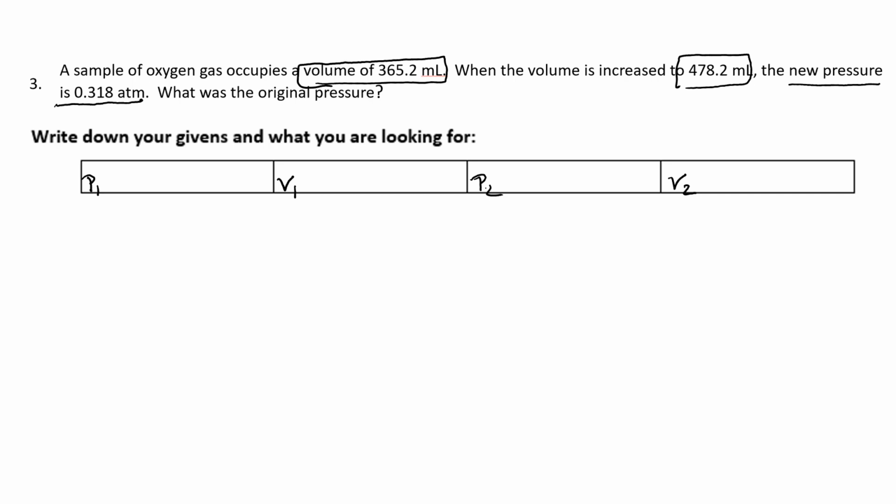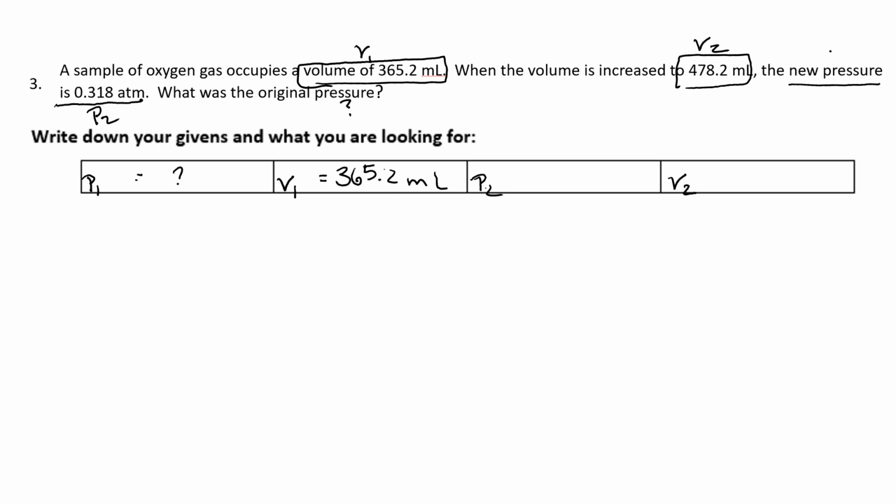So this is V1, V2, P2. What was the original pressure? This is our unknown. So P1 is unknown. V1 we said was 365 milliliters.